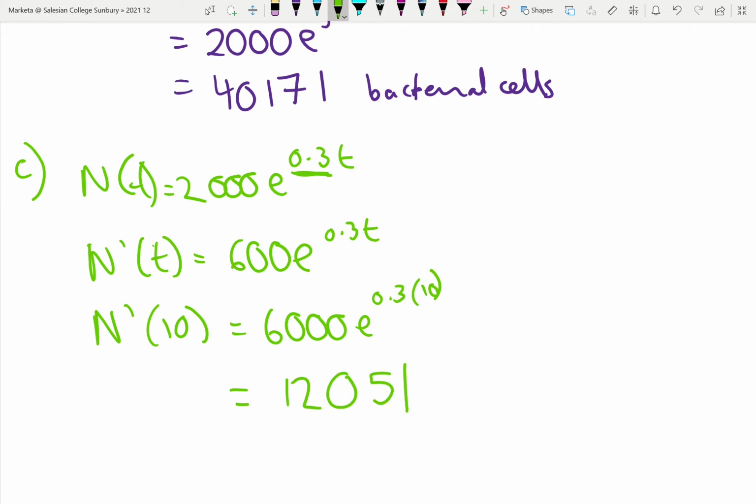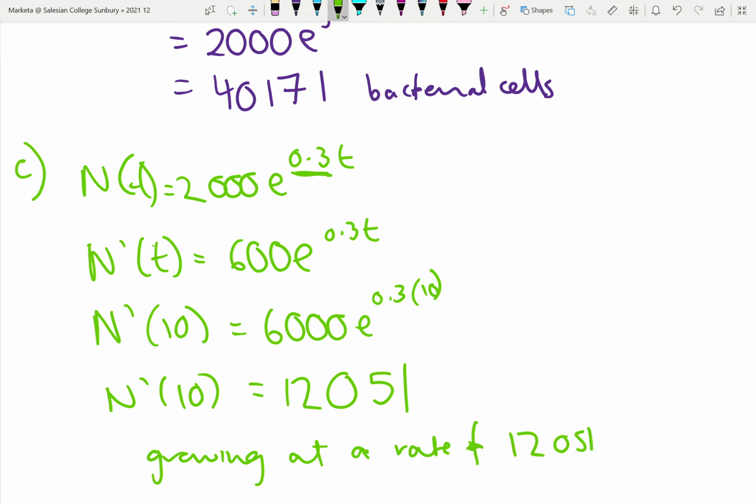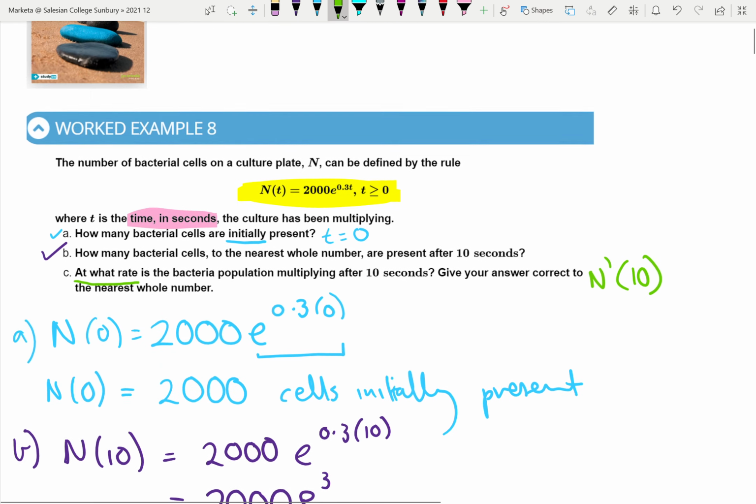How we could interpret that is: the population is growing at a rate of 12,051 bacteria per second at t = 10 seconds. Okay, so that completes the worked example.